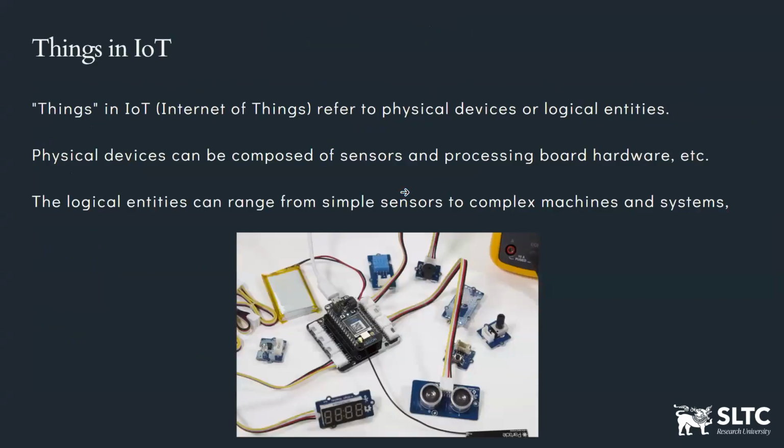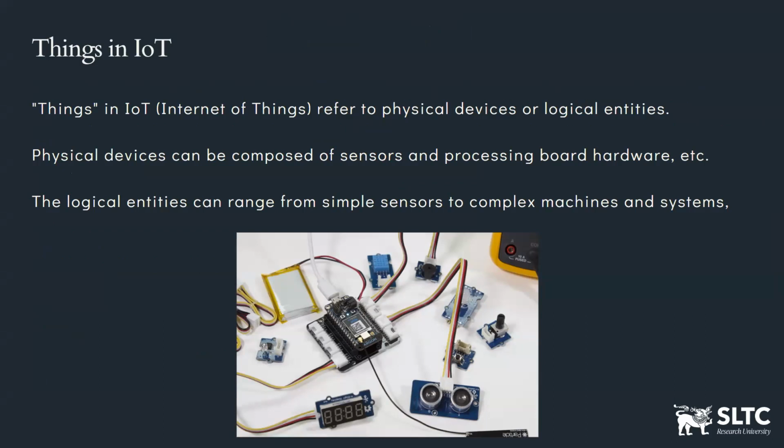So in things, in the IoT, we mean the physical devices or the logical entities that we use to collect information and process the information. So the physical devices can be composed of sensors and processing boards, right?